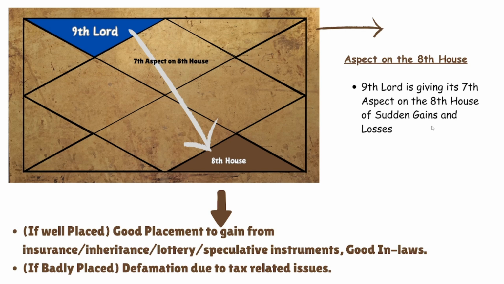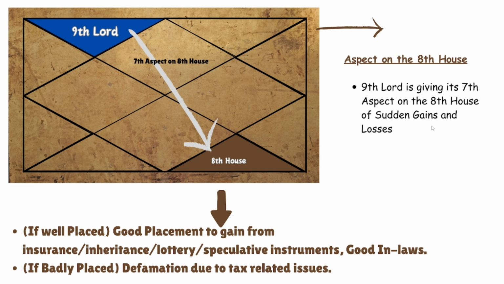So, if it is well placed, definitely luck is going to support you in all these aspects, which is gaining wealth from insurance, inheritance, lottery, speculative investments. But obviously this is going to come after a bad situation. Okay, this placement also can give good supporting in-laws.